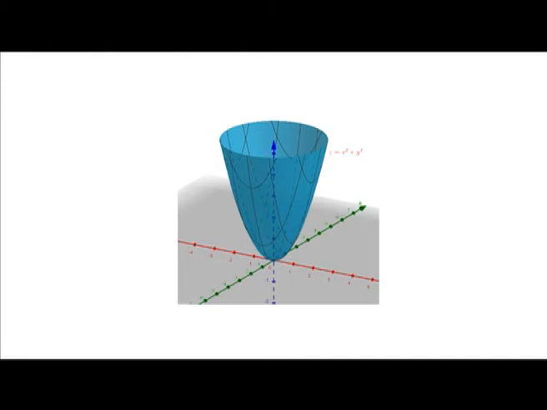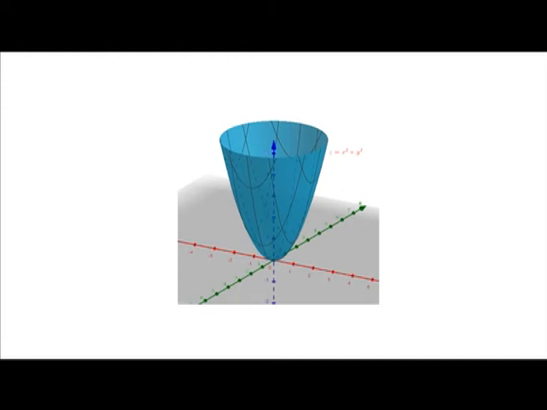It is a circular paraboloid or paraboloid of revolution. The cross sections of the surface by planes perpendicular to the z-axis are circles centered on the z-axis.